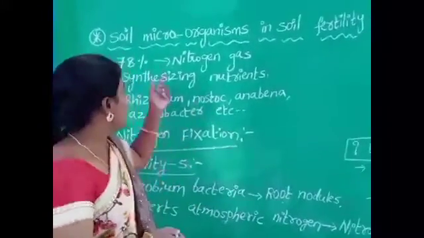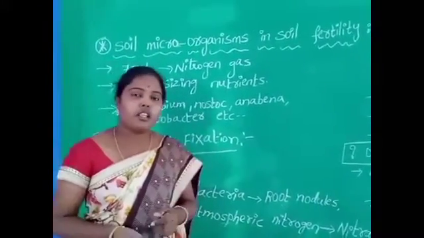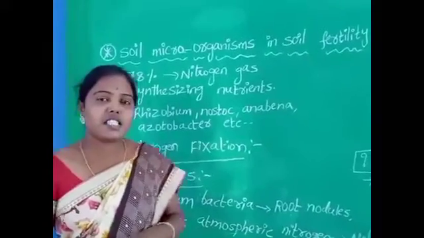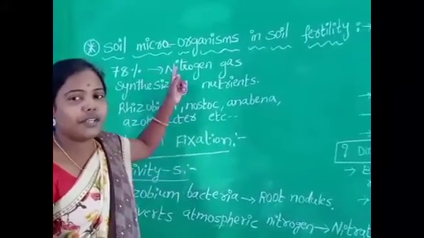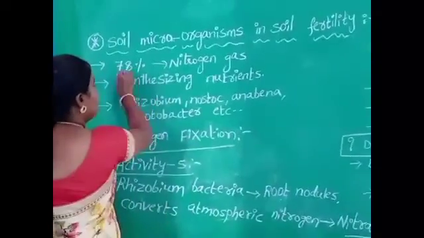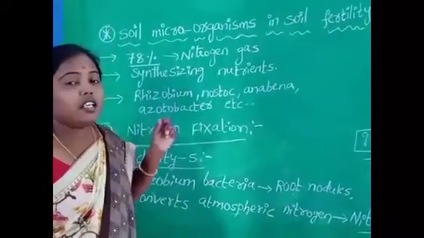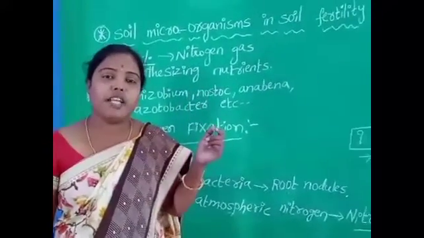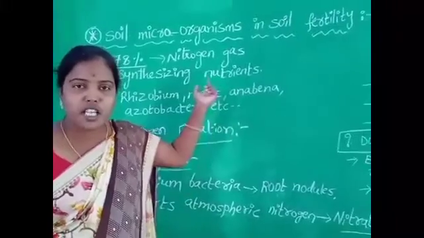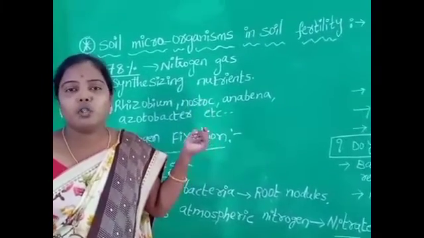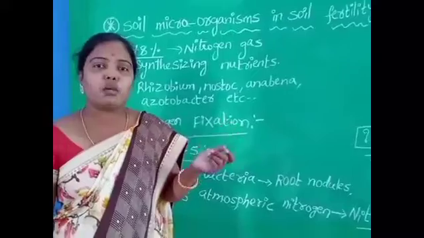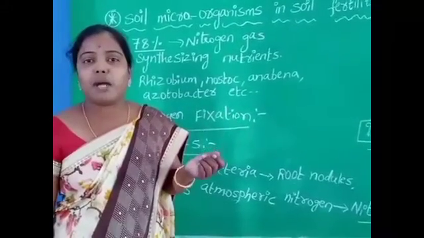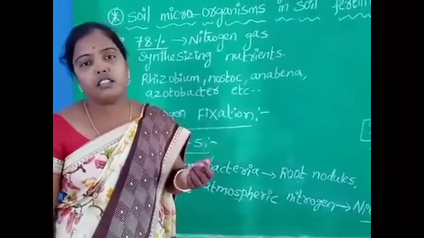Already we learned in the previous classes that our atmosphere contains 78% nitrogen gas. Very important. The nitrogen gas is very essential to plant growth. But plants do not absorb nitrogen gas from the atmosphere directly.